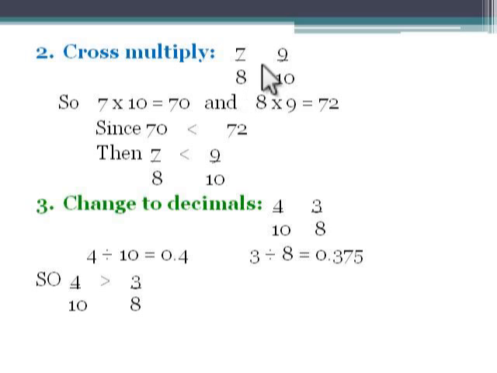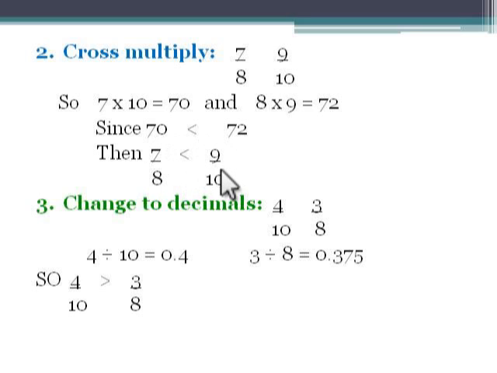So if you're doing 8 times 9, you can't put that answer on the left. You need to put it on the right because that's where the numerator is. So 7 times 10 would be 70. 8 times 9 would be 72. And since 70 is less than 72, that means that 7/8 is less than 9/10.